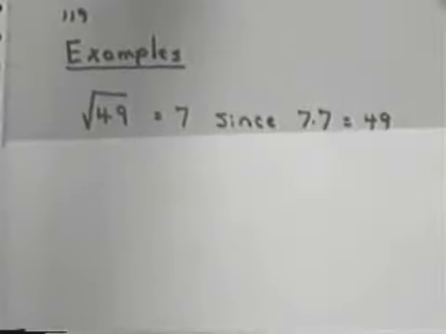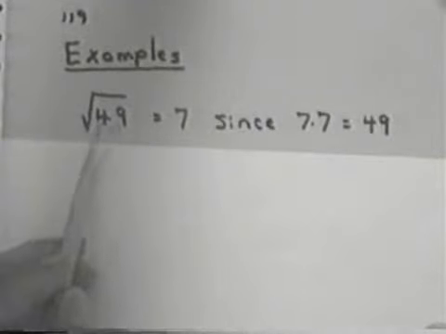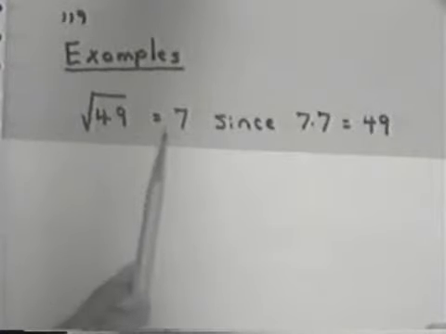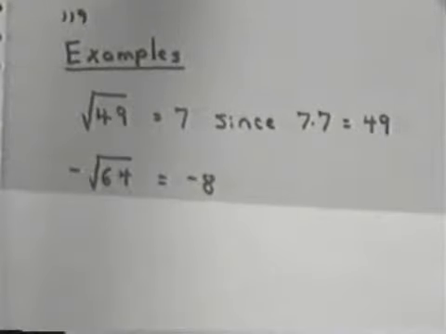Let's look at some more examples. The square root of 49. Now since there's no sign here, it's understood to be the positive. So this means we want the positive square root of 49. The positive square root of 49 is 7, since 7 times 7 is 49. The negative square root of 64 is negative 8.